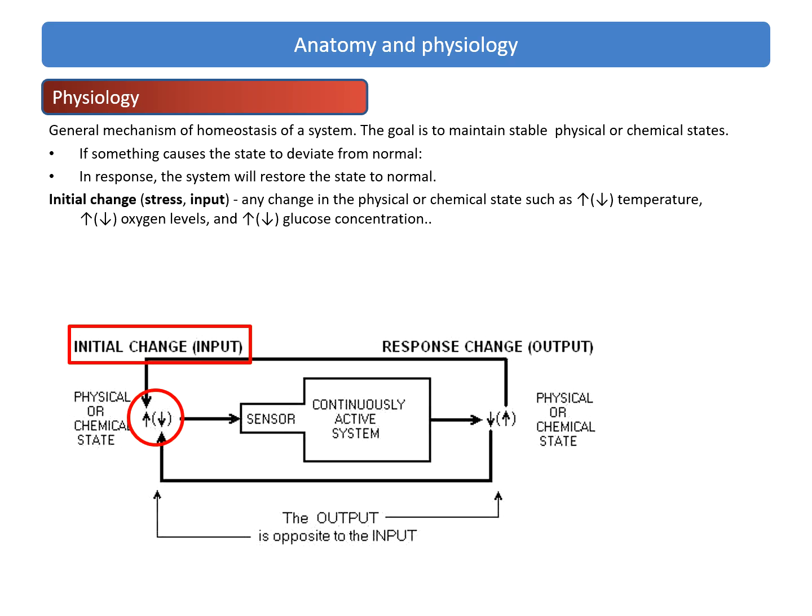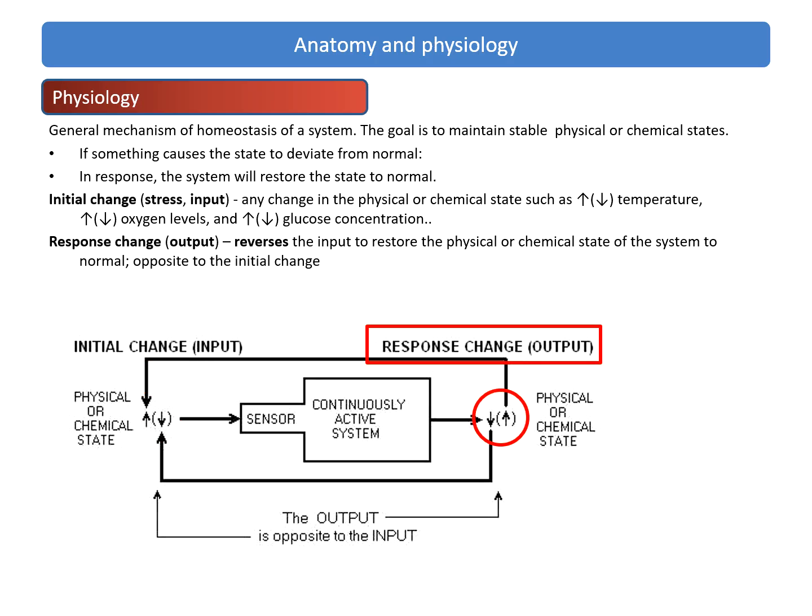The initial change, which is stress or input, is any change in the physical or chemical state, such as an increase or decrease in temperature, oxygen levels, and glucose concentration. The response change, that is the output, reverses the input to restore the physical or chemical state of the system to normal. It's opposite the initial change.